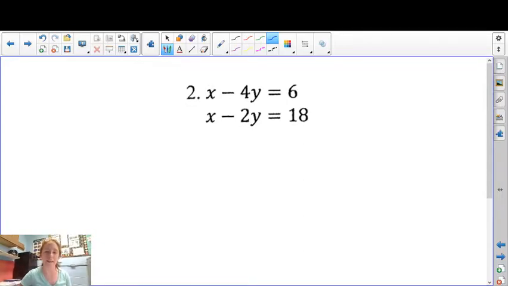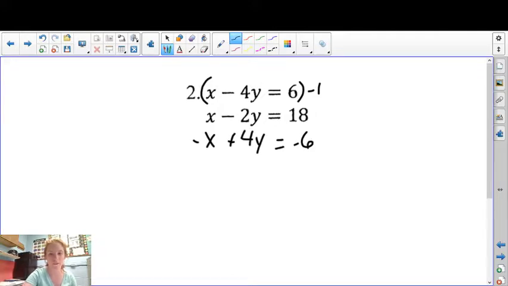So if I get rid of the x's, I need to multiply one of the equations by a -1 to cause things to cancel out. I like to make my life easier, and if I do the second equation, I'll have more negatives. I don't want more negatives, so we're just going to do the top one. And then again, I have my -x plus 4y equals -6.